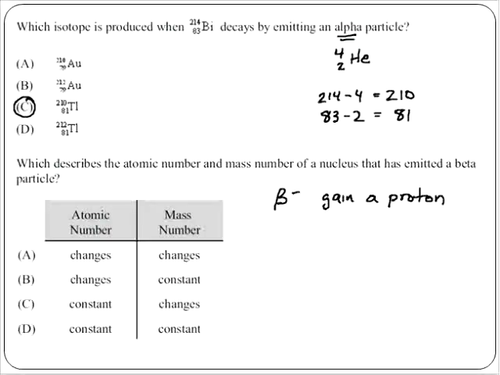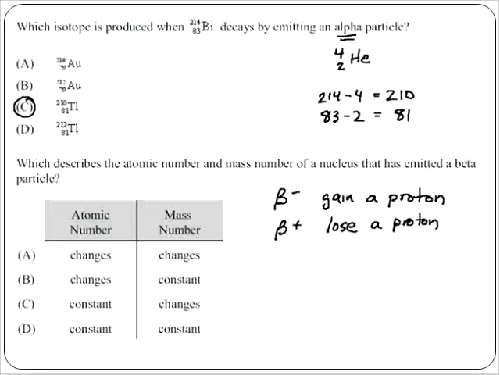We gain a proton because a neutron decays into a proton and releases that electron. So we gain a proton, but in a beta positive, we lose a proton. It's the opposite. We lose a proton, but we gain a neutron in the process.